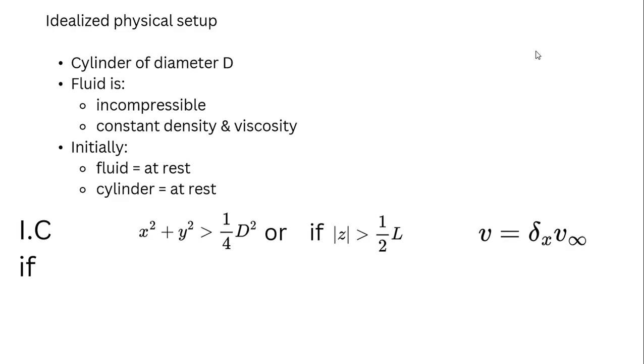For idealizing the physical setup, the diameter of the cylinder is capital D, and the fluid is incompressible, with constant density and viscosity. Initially the fluid is at rest and the cylinder is also at rest. So the initial condition is given over here: x square plus y square is greater than 1 by 4 D square, and the velocity is v infinity.